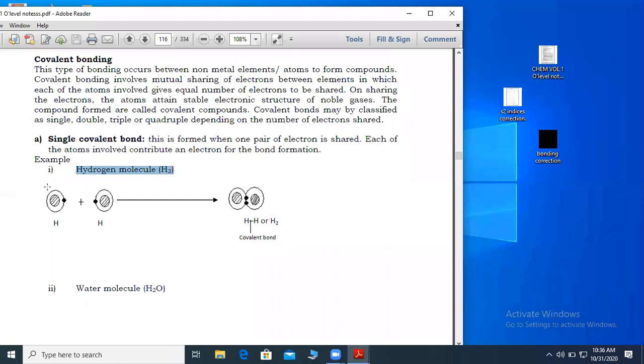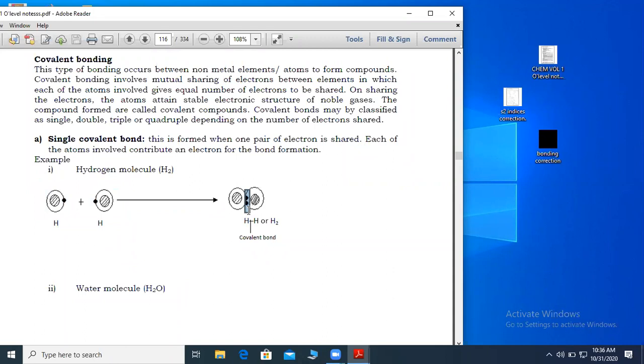Hydrogen has atomic number 1, so it has only 1 electron in the outermost shell, as you can see. So 2 hydrogen atoms form a hydrogen molecule, each one of them having an electron. Each of these 2 is going to contribute an electron towards the formation of a bond.